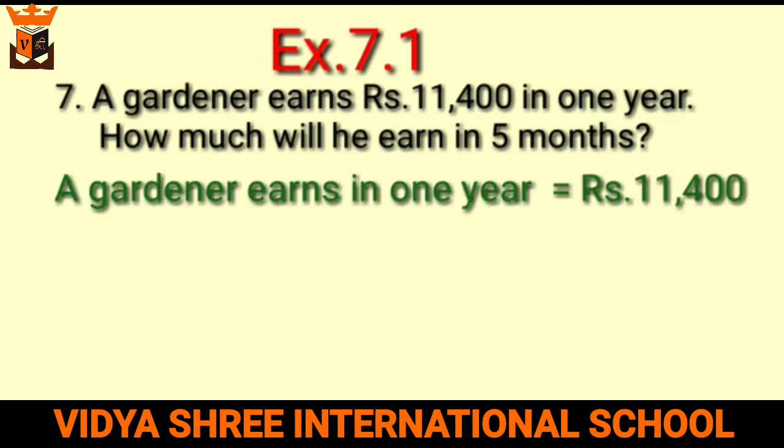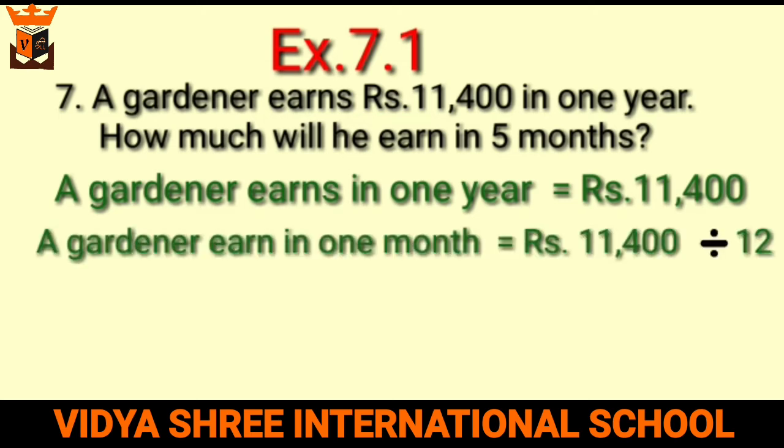In the question, it is given, a gardener earns in 1 year 11,400. So a gardener earns in 1 month 11,400 divided by 12. After dividing, we get a gardener earns in 1 month, which is equal to 950.